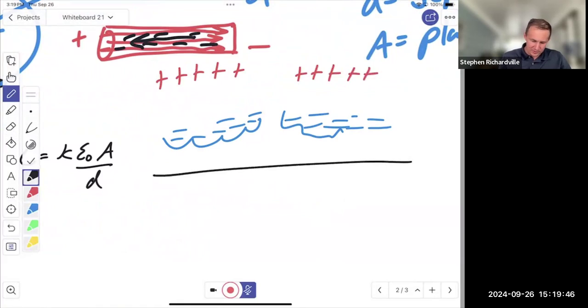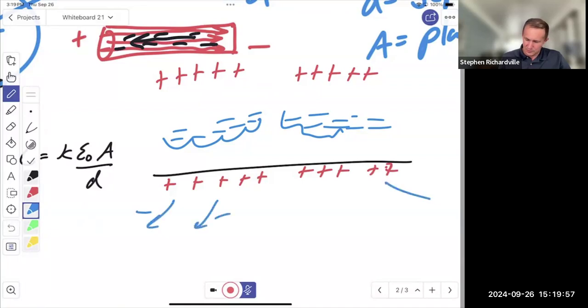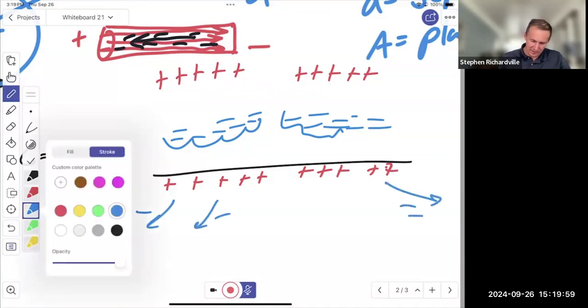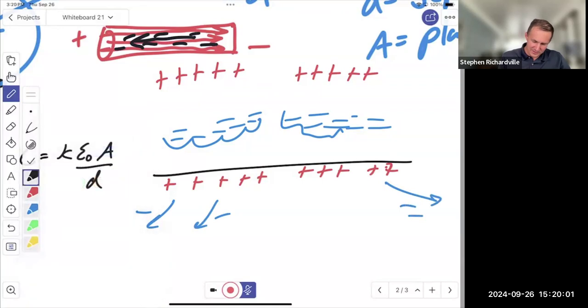The ground starts becoming very, very positive as electrons get pushed away from the surface of the ground. Well, check it out. I've created a capacitor. Positive to negative. I've got an electric field that's moving from ground to cloud, a very strong electric field.